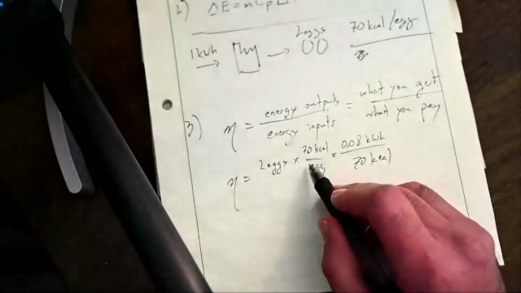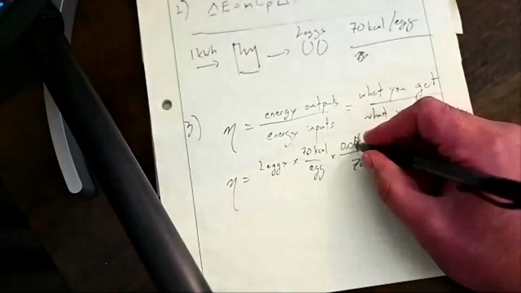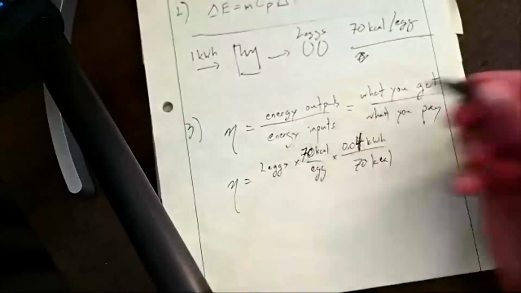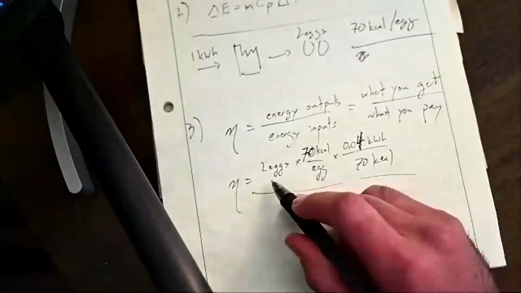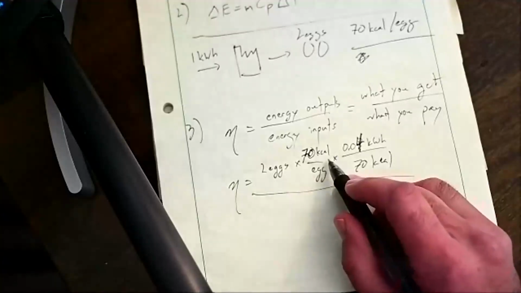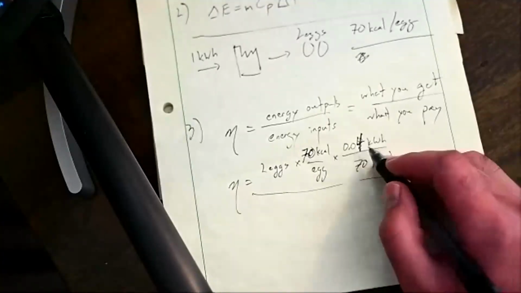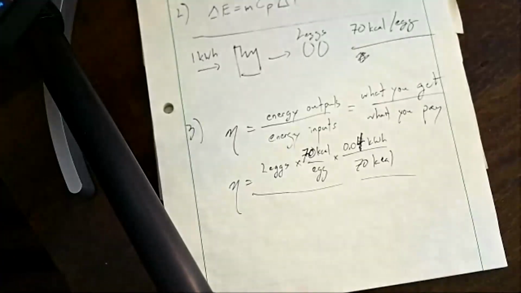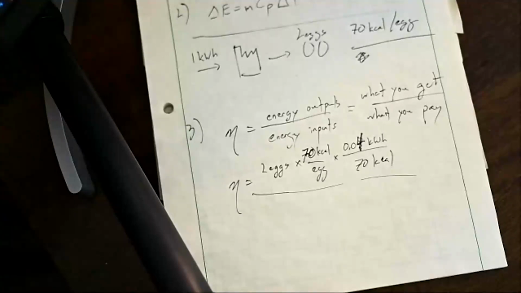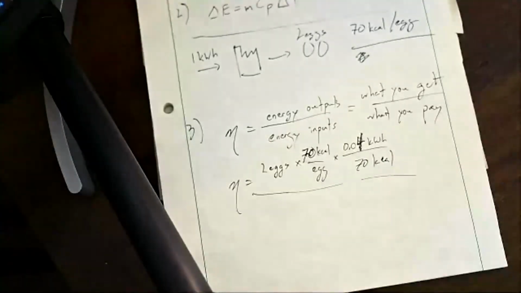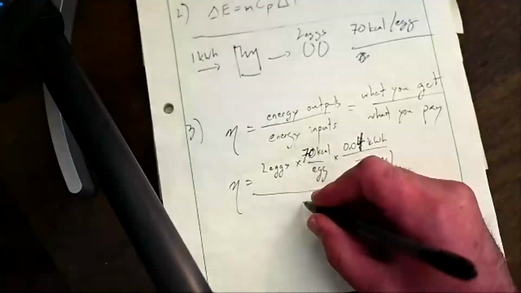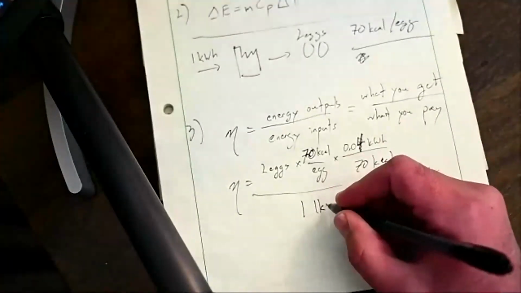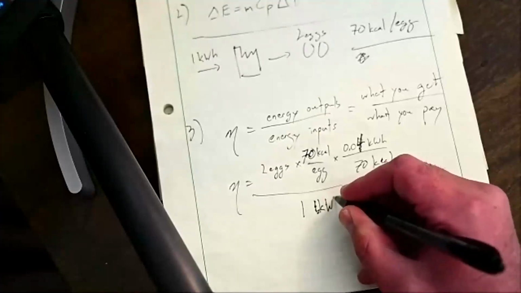What's the number that you put on top of egg? 70 kilocalories. It's a 70. So this is what we get. We get 2 eggs, and there's 70 kilocalories per egg, and there's 0.04 kilowatt hours per 70 kilocalories. And I'll explain why I'm doing these conversions in a second. And the energy input is simply 1 kilowatt hour.